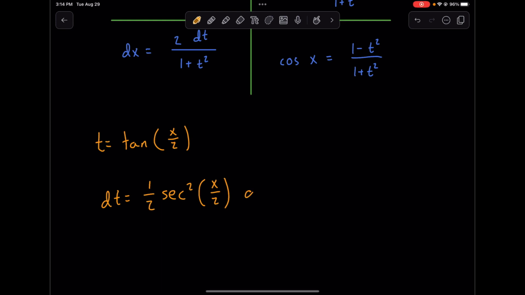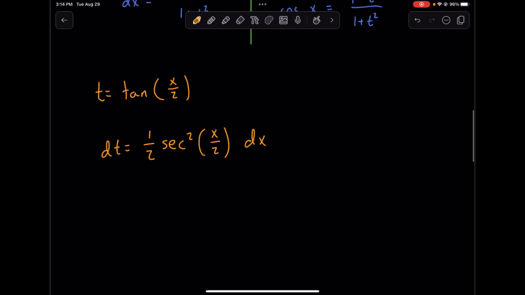Now we can use trig identities to say that secant squared x over 2 is equal to 1 plus tangent squared x over 2. So this is equal to 1 plus tangent squared x over 2, all over 2.